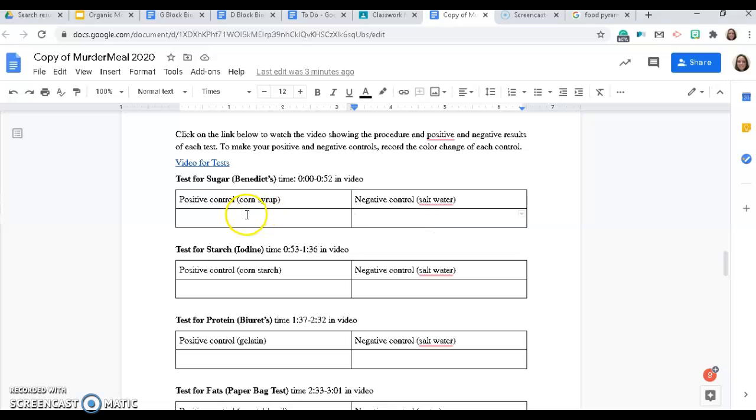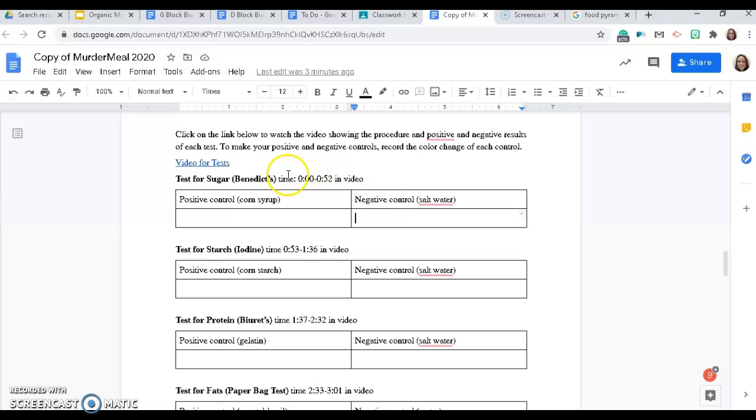So the positive control, something that we know for sure has sugar or starch or protein, and something that we know for sure does not have sugar. That way we can compare these to whatever is in the stomach in order to determine whether that food molecule was present or not present.